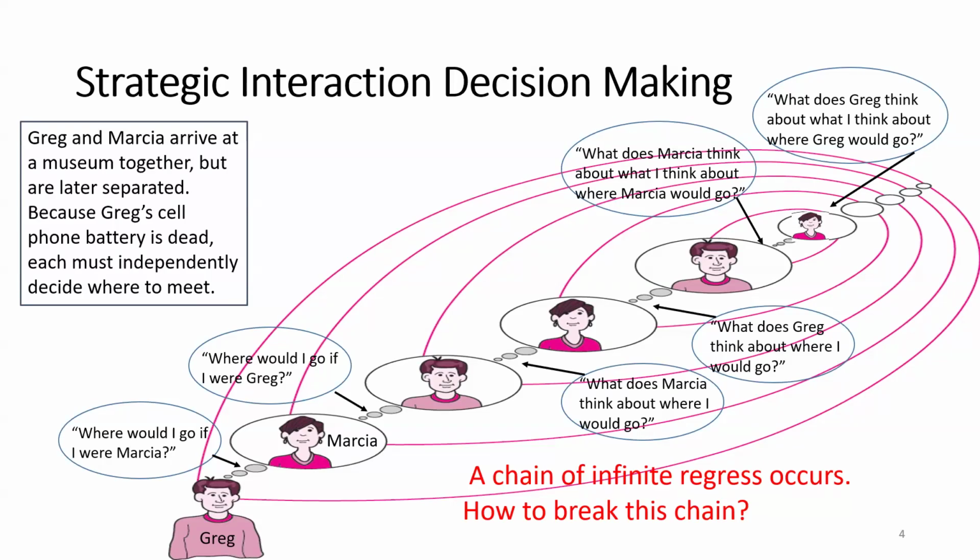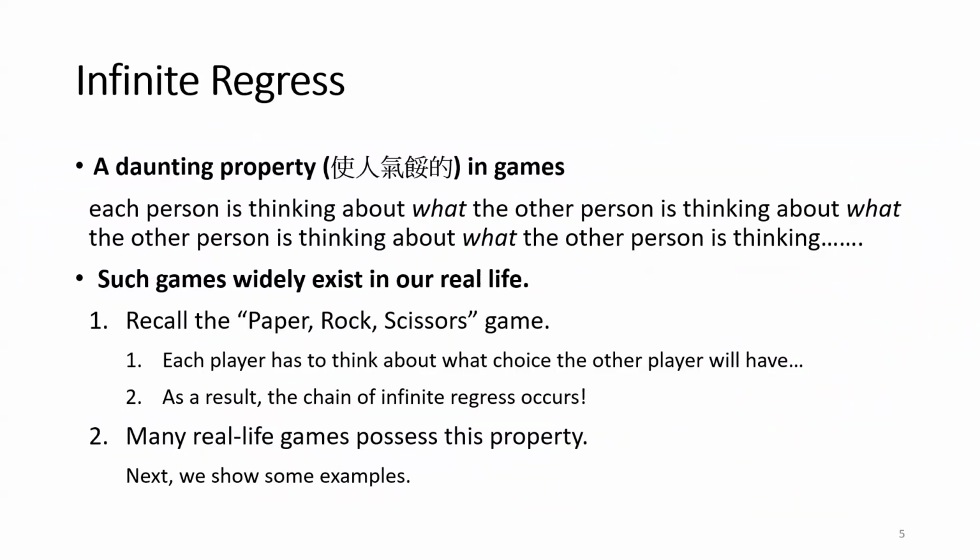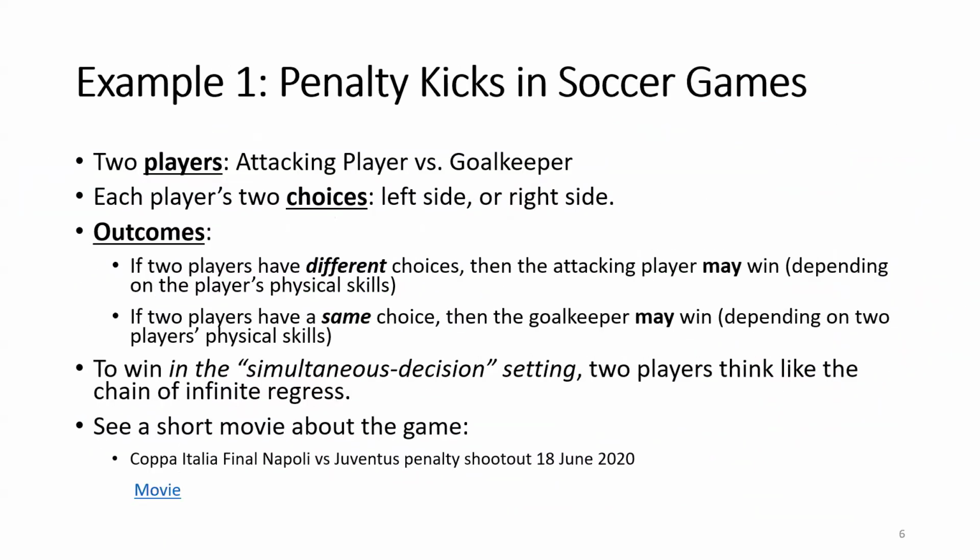Another example. Two players: the attacking player versus the goalkeeper. Each player has two choices. And we know these two players are rational players. These two players want to win the game. And this is a typical zero-sum game.